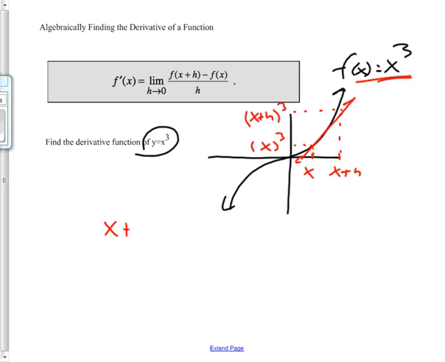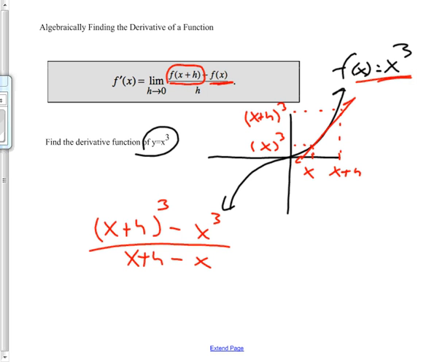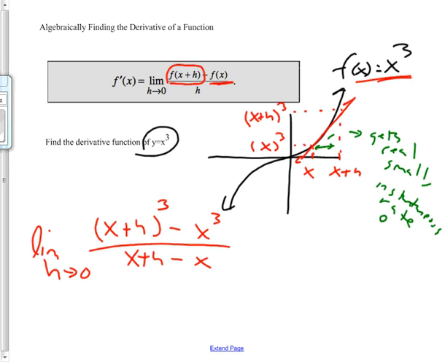So we have x plus h cubed, minus x cubed, f of x, all over x plus h minus x. And we want to let h go to 0, because h going to 0 means that this distance gets real small, so that we're looking at the instantaneous rate of change.